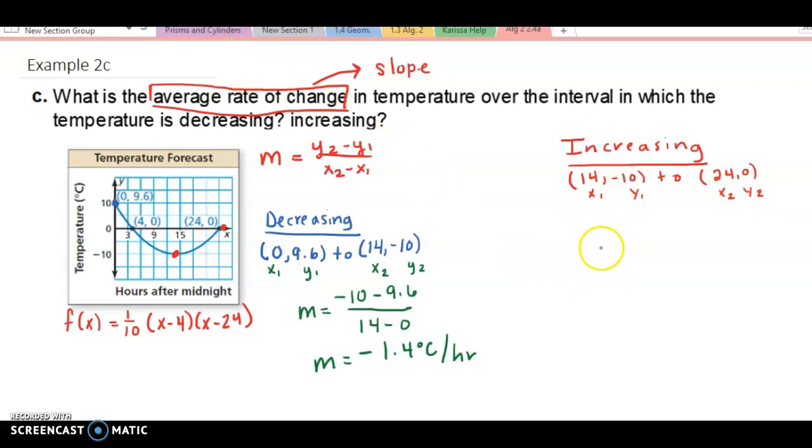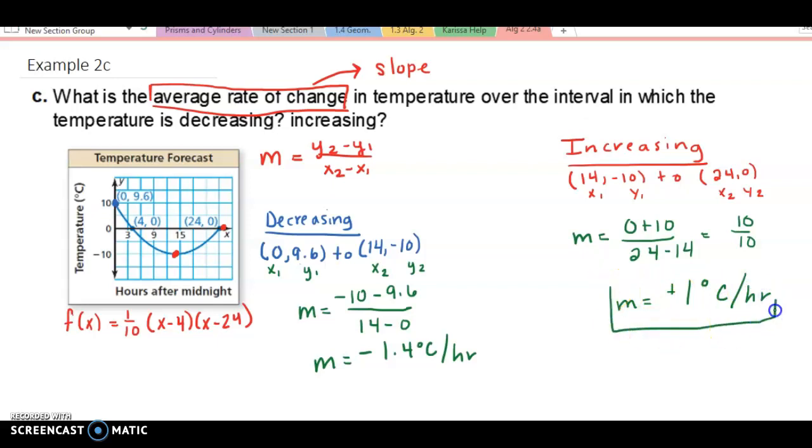To find my slope, it's y2 minus y1, so 0 minus a negative 10 would be plus 10, over x2, which is 24, minus x1, which is 14, which is 10 over 10. So it increases 1 degree Celsius per hour. And those are my 2 answers.